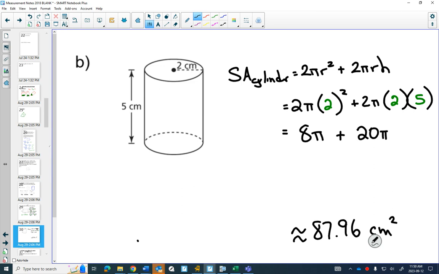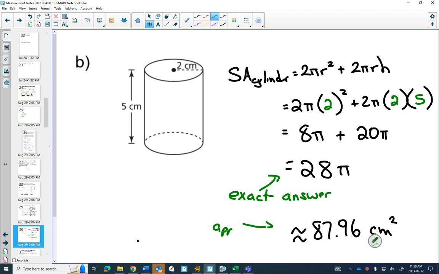What do you think 8 pi plus 20 pi would be? 28 pi. In mathematics, we would call this an exact answer. And this, because it's been rounded, an approximation.